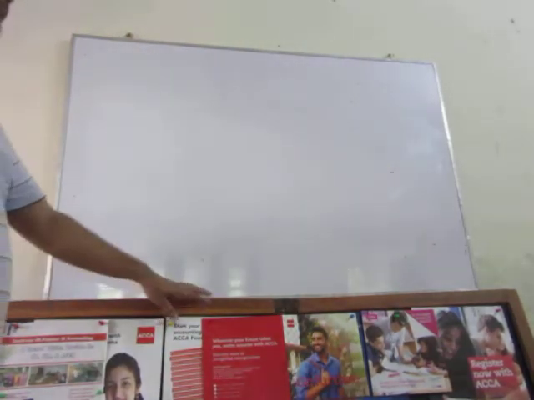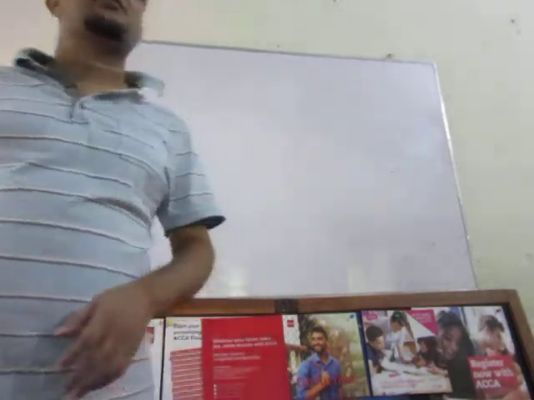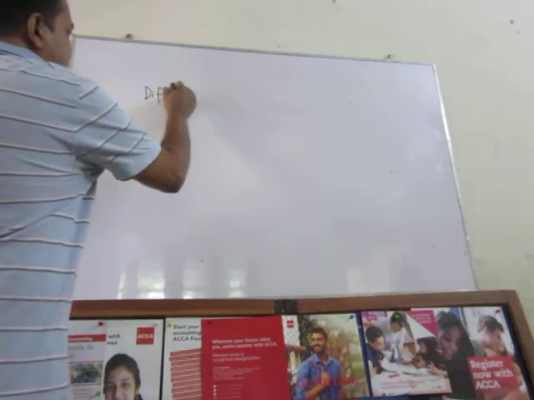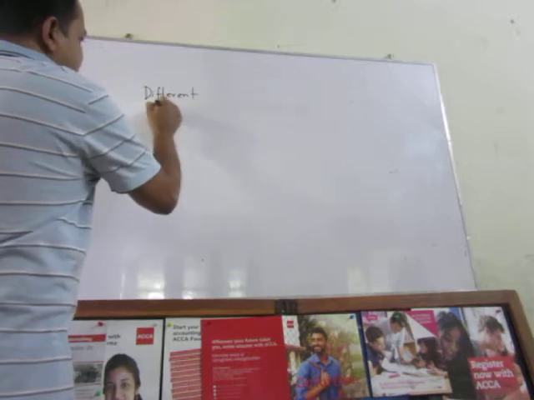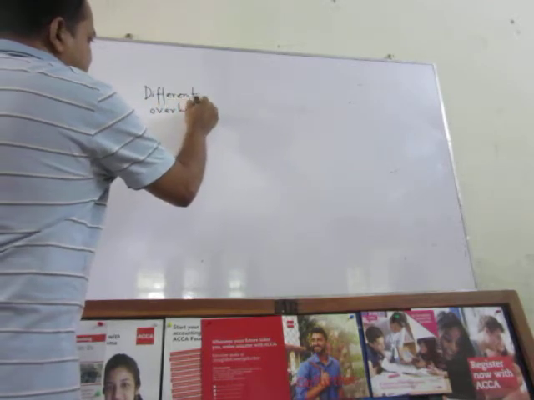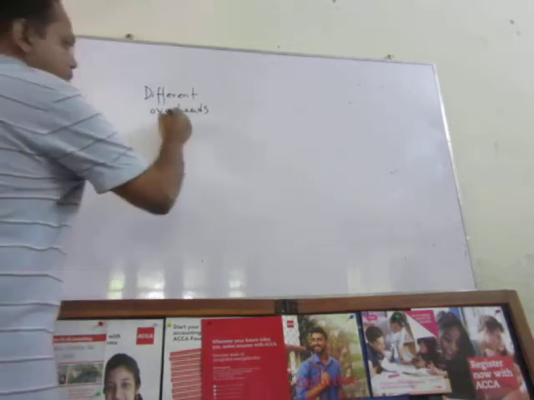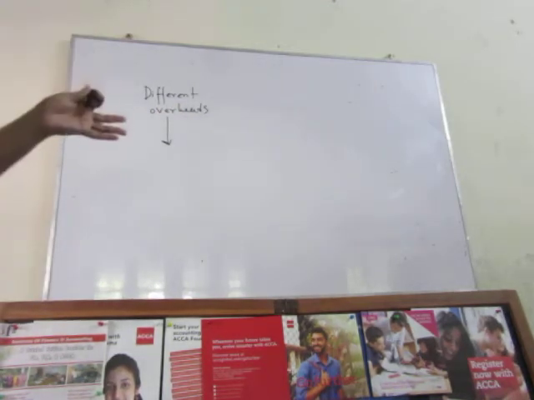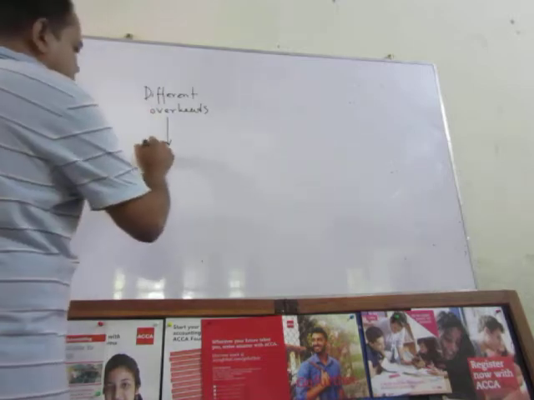Then this is the end of the discussion of overheads. We start with different overheads. Overheads, what were we doing with these? We charge these different overheads to different departments, allocation.